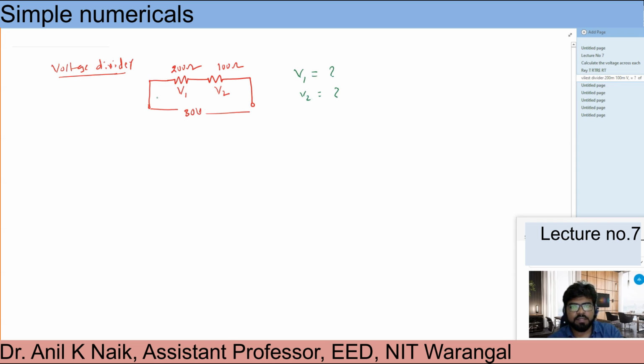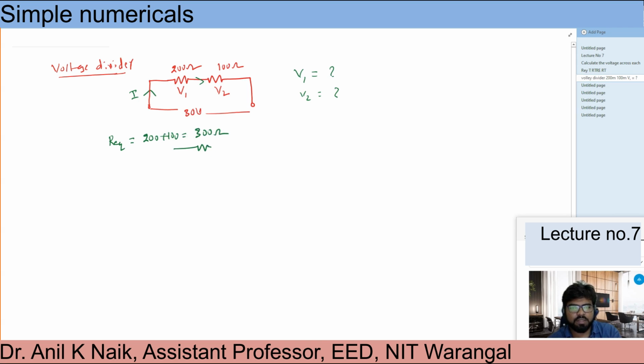For this, suppose the current I is flowing like this. The same current is flowing, these two are in series. So I can write R equivalent is equal to 200 plus 100, you can take it as 300 ohms.